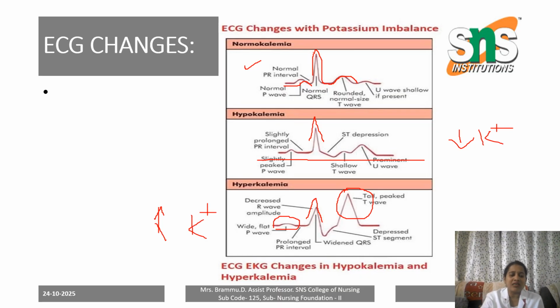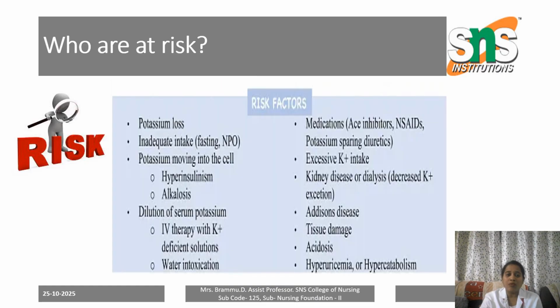So after discovering what is happening with the ECG changes, who are the persons who can develop this? Especially potassium, in case of hypokalemia, there is a loss from the body. So there might be inadequate food intake by the patient, either by fasting or nil per oral due to any of the procedures or disease conditions.